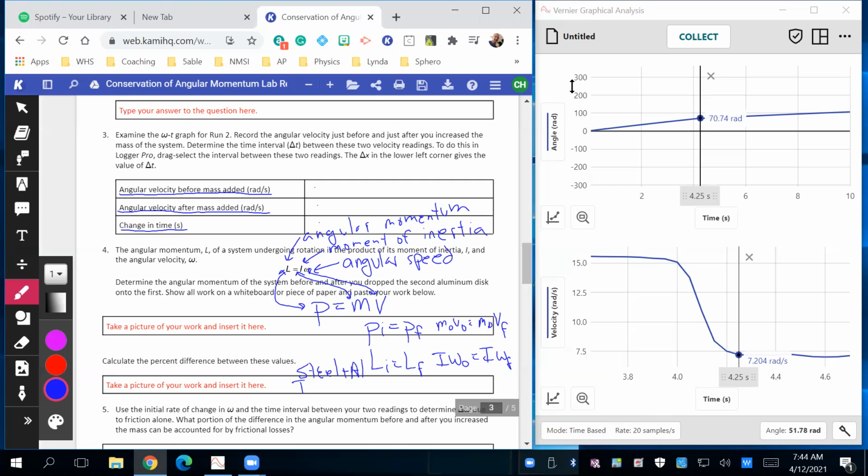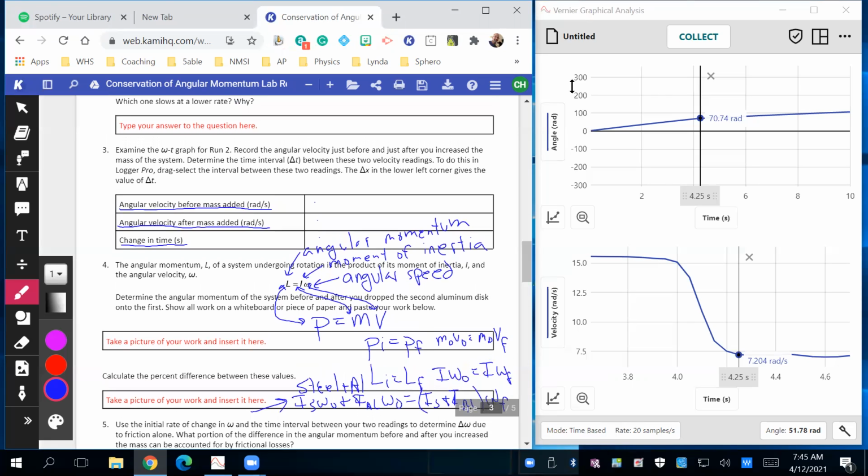So I would do the I for the steel disc times its original speed plus I for the aluminum disc times its original speed, and that should be equal to I for the steel disc plus the I for the aluminum disc, multiplied by our final angular speed. Remember, this is a perfectly inelastic collision where they stick, and because they stick, we can use this equation. So hopefully that is helpful.